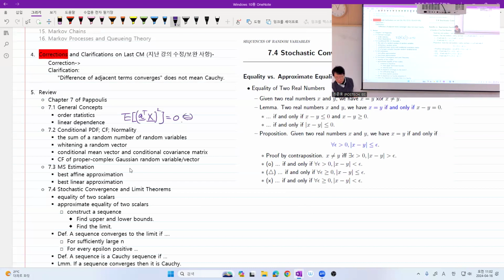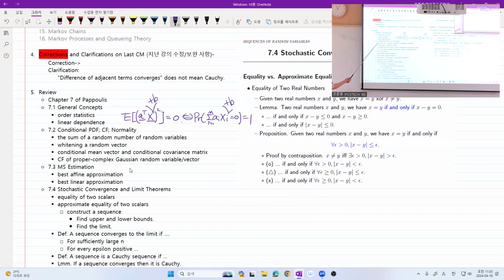This is the same as the probability of the event that your weighted sum of random variables equals 0 being 1, right? Which means that one of the random variables can always be written as a weighted sum of the other random variables. Of course, you can add, for example, some constant. In that case, you have an affine dependence or something like that.